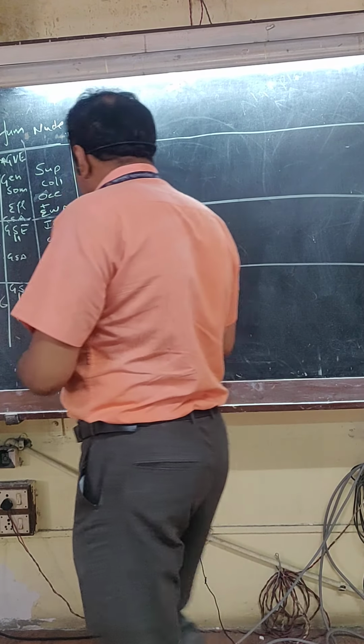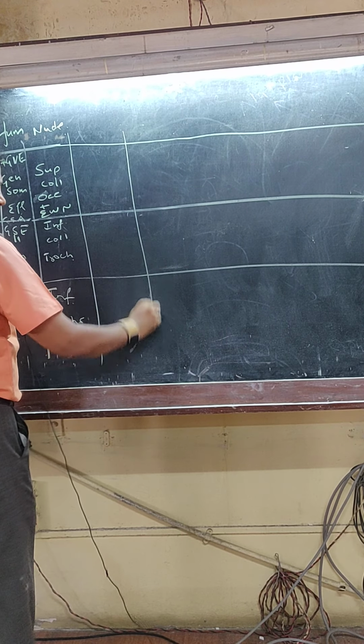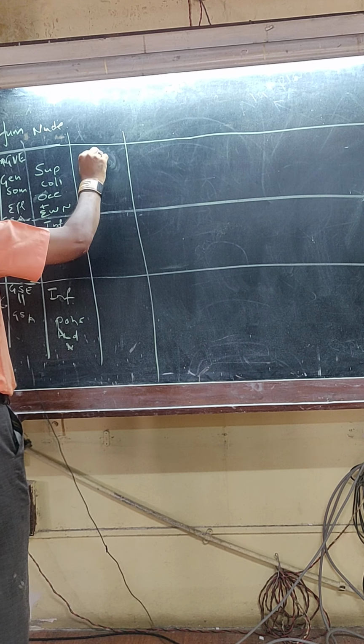So now where do they appear? So this is the level of nuclei. Okay? Maybe you can keep these diagrams like this.